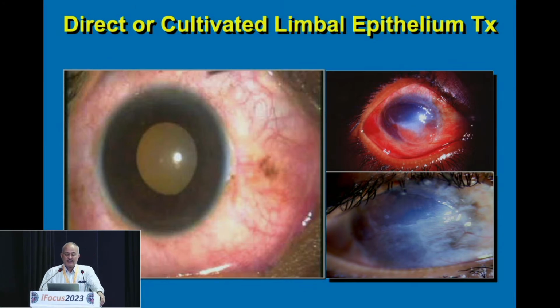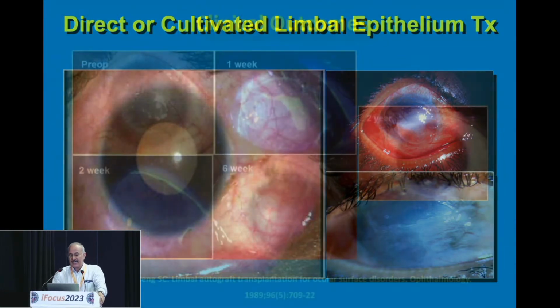Then the question comes whether you use direct or cultivated. What's the downside of the direct? If you are using direct, there is a large amount of tissue we need, and that can create deficiency at the donor site.